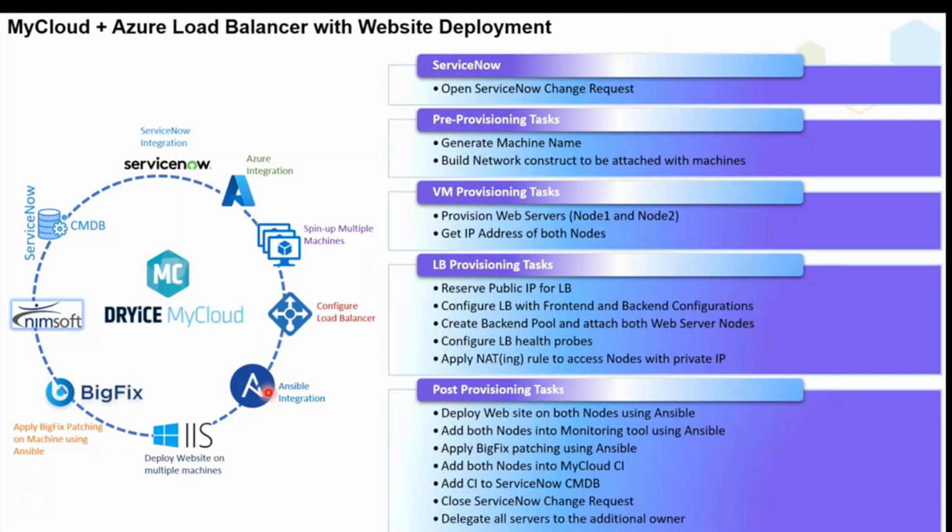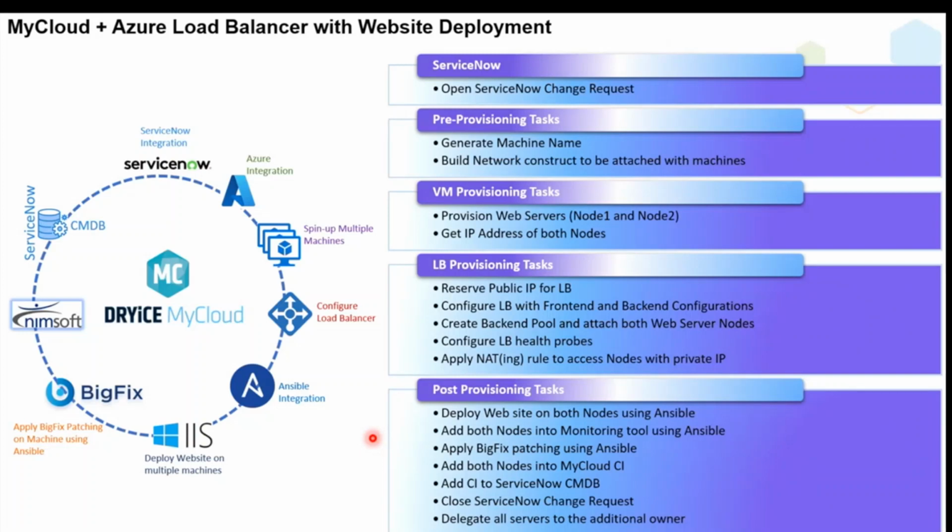And then again, using Ansible, the Nimsoft Monitoring agent would be installed, which would be used for monitoring VM level services and report in case any of the services is not available. And towards the end of the workflow, we will update the CI information in the CMDB and we will close the workflow cycle, right?